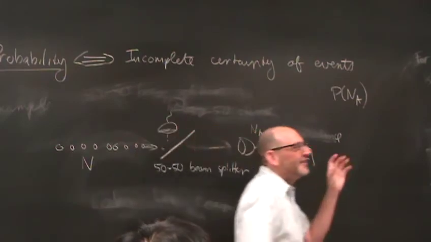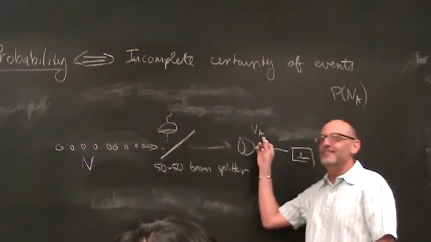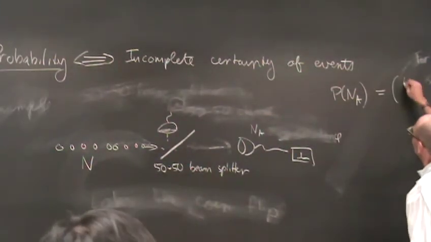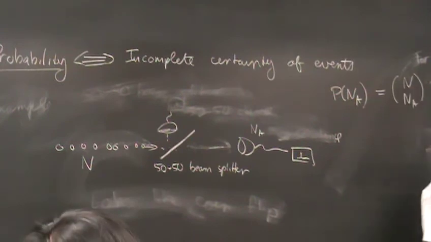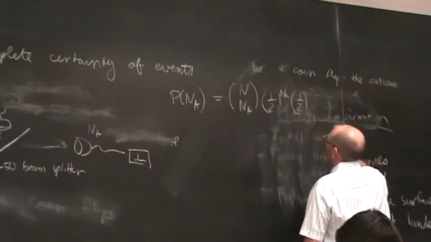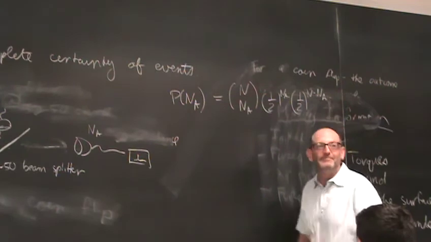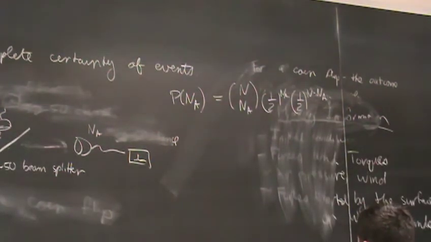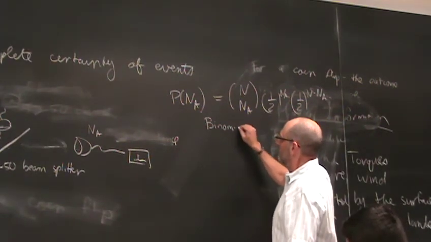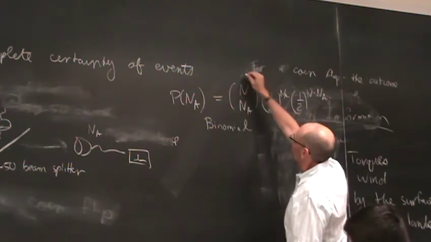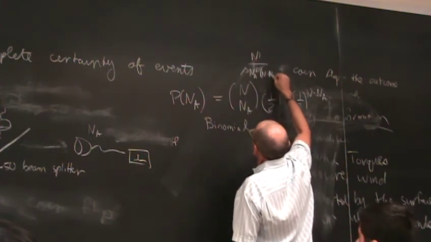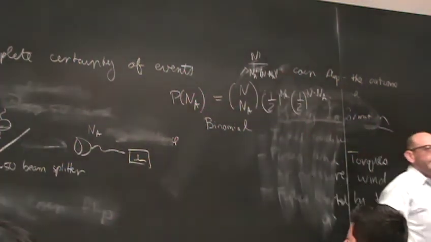probability theory. There's a number of different ways I can choose n sub a photons out of n photons. This probability times a half to the power n_a times a half to the power of n minus n_a. Right? That's a binomial distribution. This is n factorial over n_a factorial times (n minus n_a) factorial.